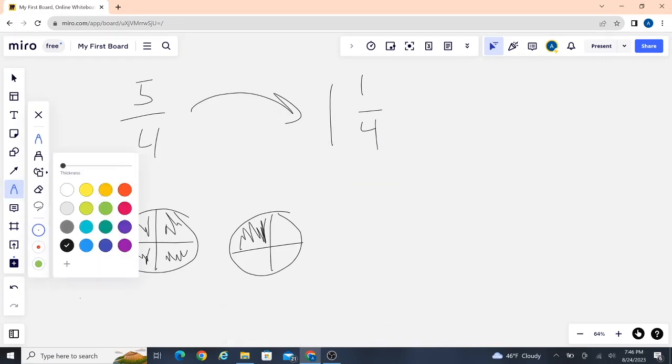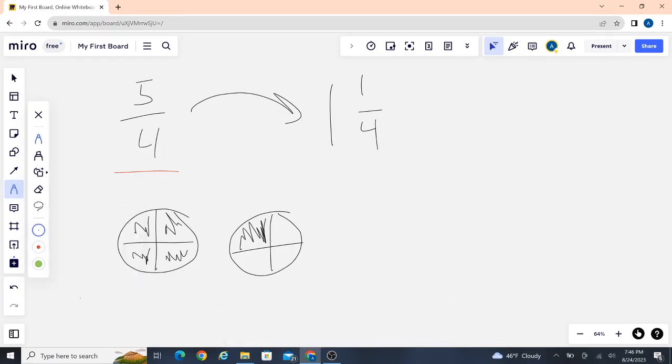Let's look at our improper fraction instead, 5/4. Well, this is kind of saying the same thing. If I have 1/4, I'm going to shade in 1/4 of the circle red here. In this case of our improper fraction, I need 5/4. So I'm going to shade in another 4th, and now I have 2/4 shaded in red.